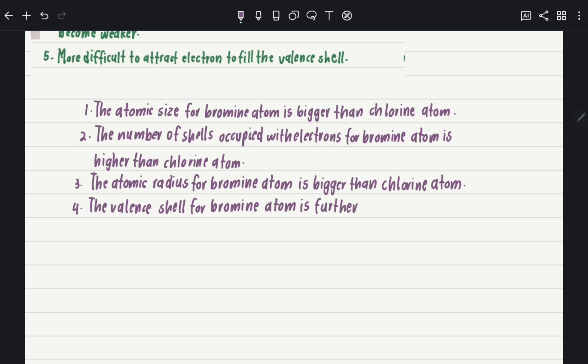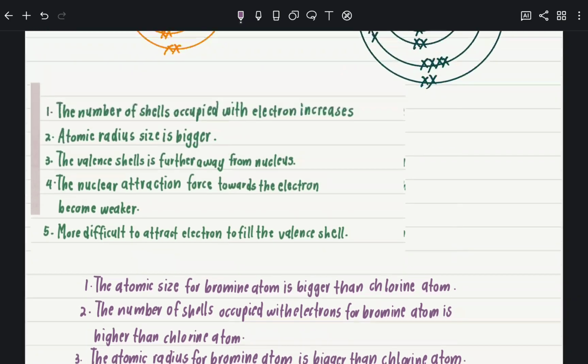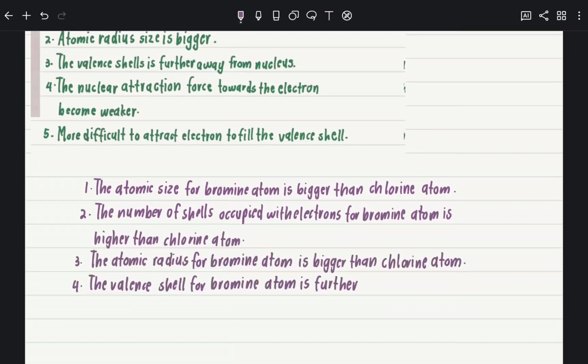Okay, because the transfer, receiving or donating of electrons will start with the valence shell. They won't simply go into the shells that are near the nucleus. They will always start with the valence shell and valence electrons.